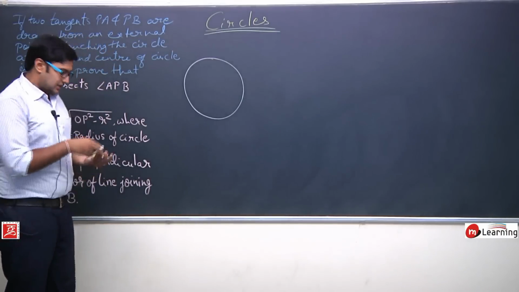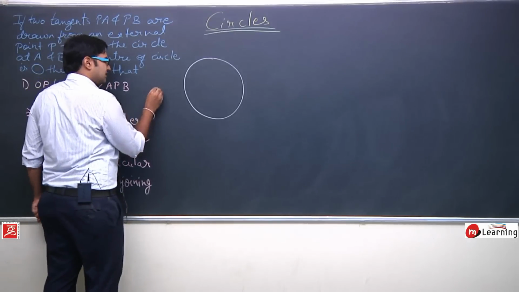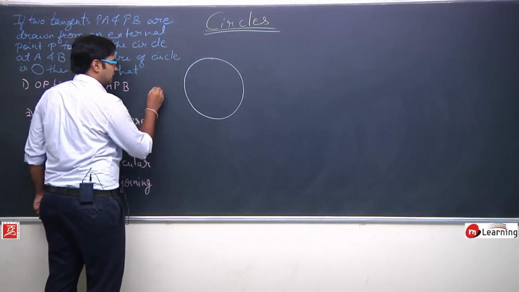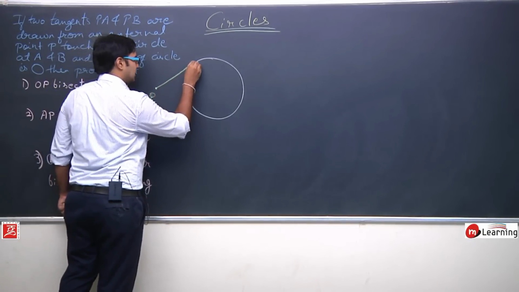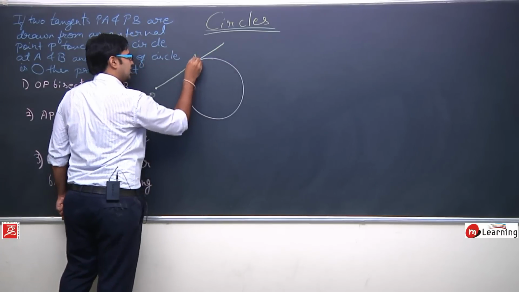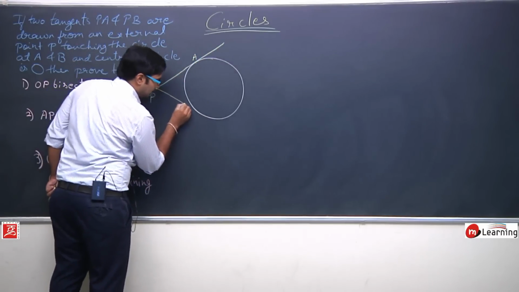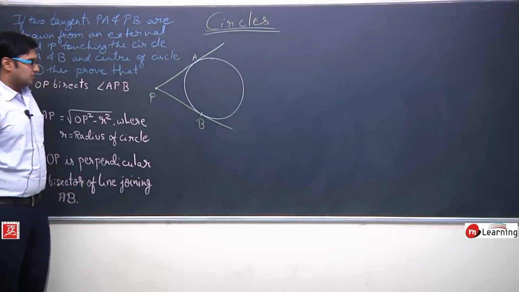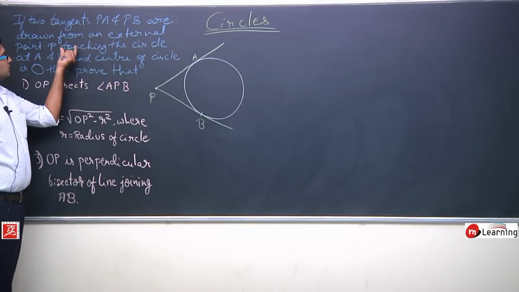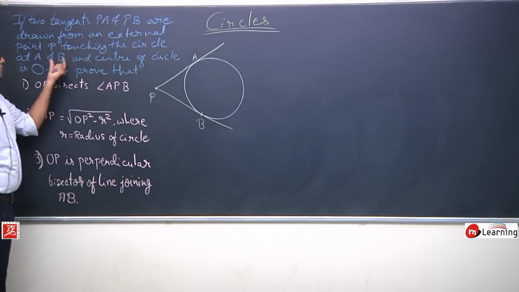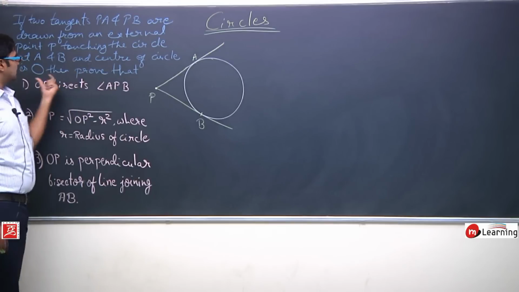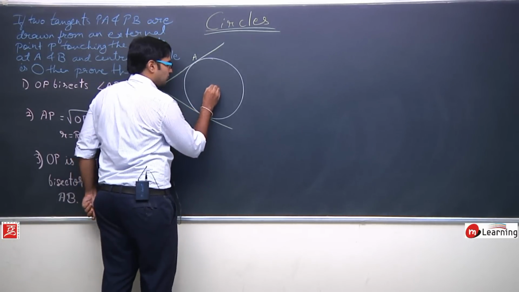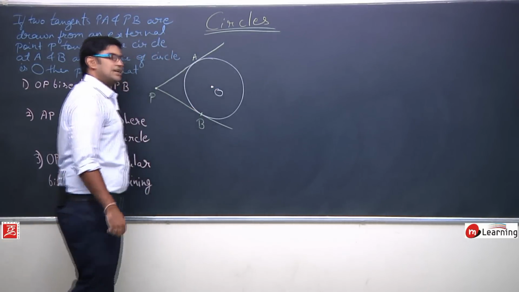Now for this circle there is a point P which is external to the circle, and two tangents are drawn from this point touching the circle at point A and point B. Okay, so this is what is given in the first three lines. Now, after this, the center of the circle is O. So we have to name the center of this circle as O. This is O, which is the center of the circle.